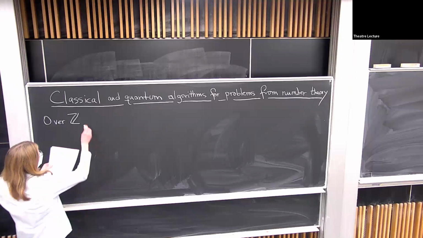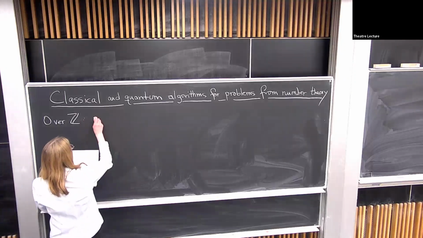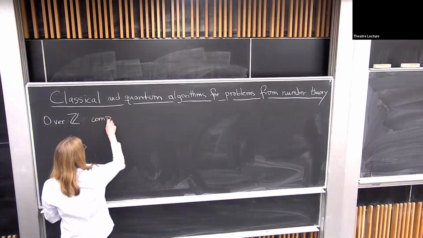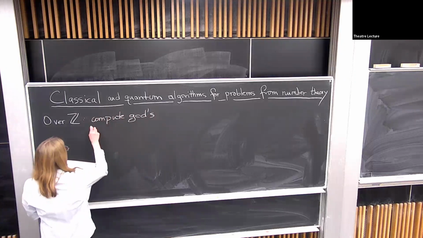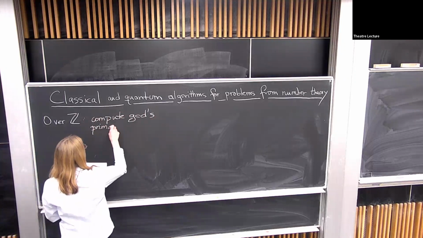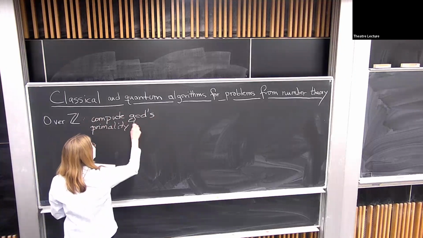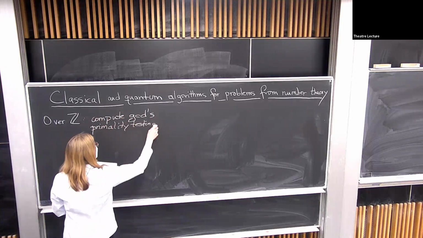And so over the integers, one could just talk about computing GCDs. Primality testing is a big one. Then, of course, factoring.